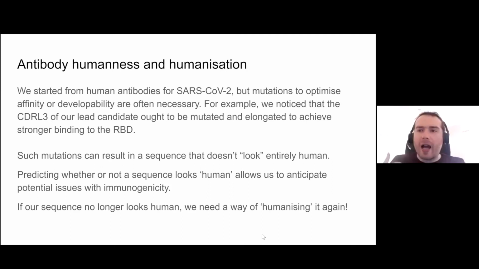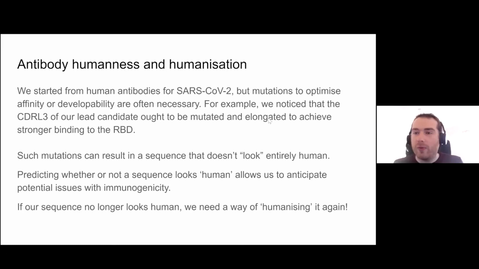For example, if you think back to the PyMOL session we looked at earlier, we noticed that the CDRL3 of our lead candidate wasn't actually in contact with the receptor binding domain of the SARS-CoV-2 spike protein. So the CDRL3 will likely need to be mutated and elongated to achieve stronger binding, to actually bind in the way that we observed with the experimentally solved structure.